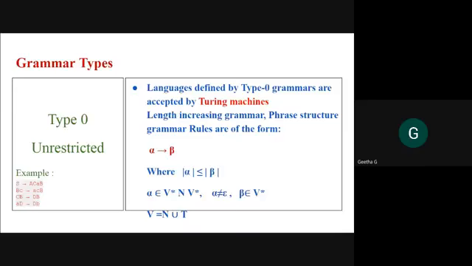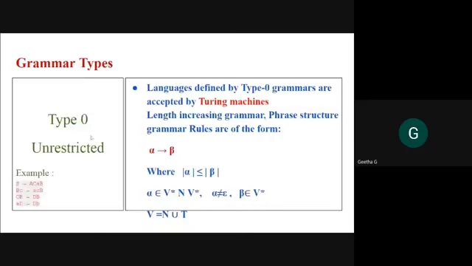Languages defined by type 0 grammars are accepted by Turing machines. So grammar, and what is the language generated by the grammar, what is an automaton: these things you have to be very clear about. So this is type 0, and the language generated is a recursively enumerable language, that is accepted by a Turing machine.